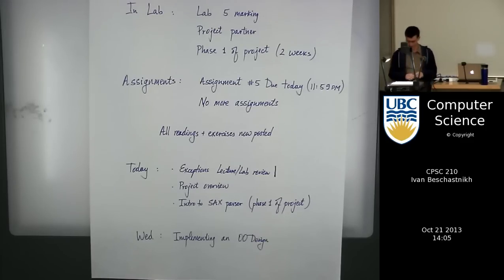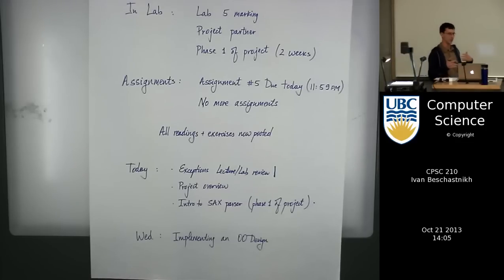A lot of this week we're going to be covering topics that you need for phase 1 of the project. At least half of that has to do with XML parsing, so we'll start with that today. And then on Wednesday we're going to talk about OO design, which is another piece that you need for phase 1 of the project.